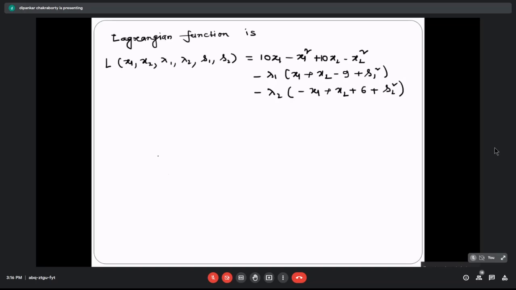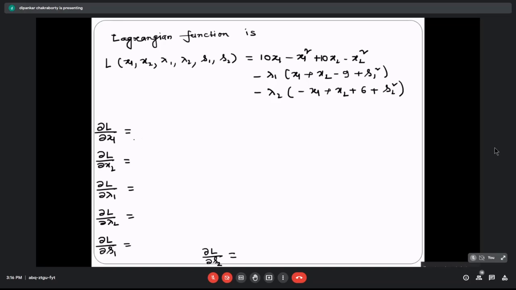Okay, so now we are going to take the partial derivatives, because these are the Kuhn-Tucker necessary conditions. So partial derivative with respect to x1, with respect to x2, with respect to lambda 1, lambda 2, s1, and s2.